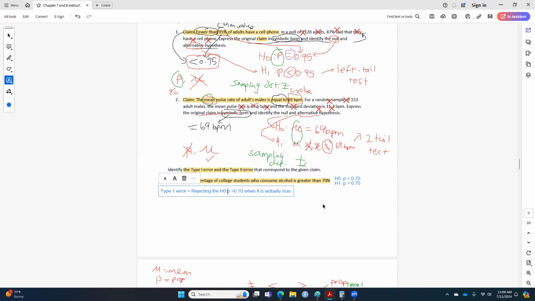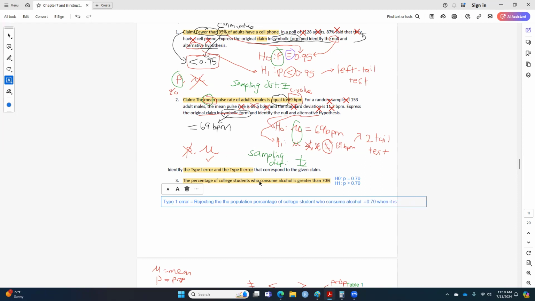But we do not want this symbolic form. We want it in word form, in the context. So P in this case is the population percentage of college students who consume alcohol.